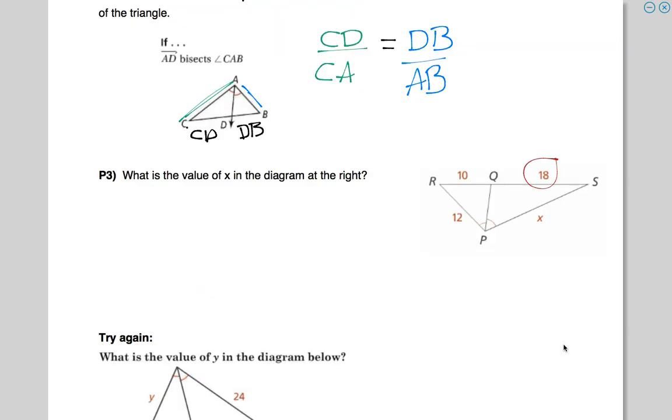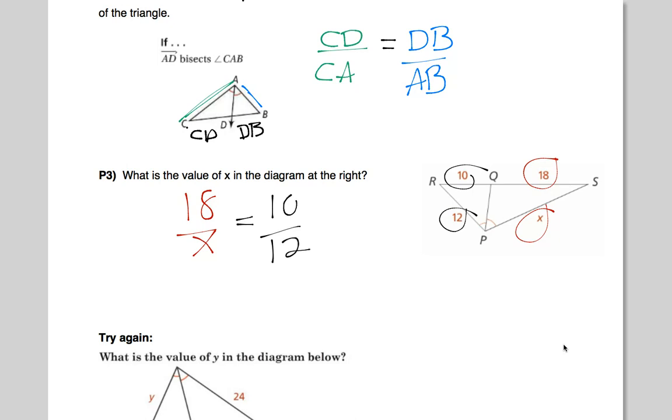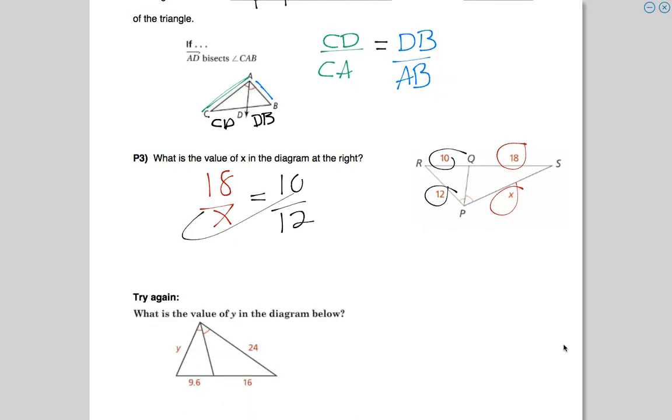So that means 18 over x is going to equal 10 over 12. 216. X equals 21.6.